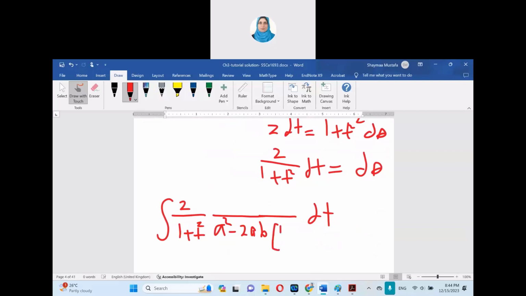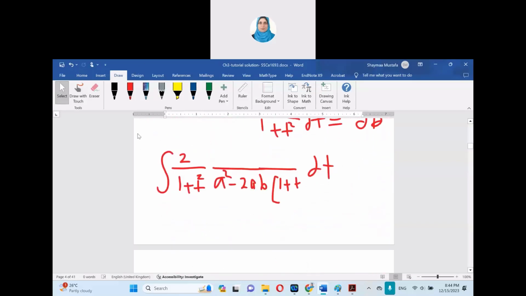Instead of cos theta, I will write 1 minus t square over 1 plus t square. Plus b square dt.